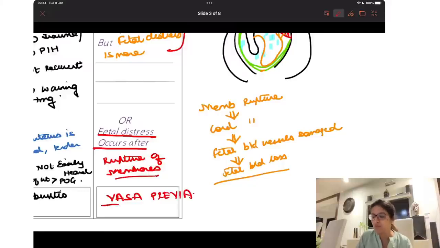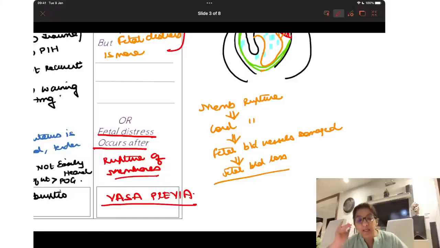Please remember this point, this is a very important point, that if bleeding is happening after the rupture of membranes, it means you are dealing with vasa previa and bleeding less होगी, fetal distress बहुत ज़्यादा होगा. In placenta previa बहुत ज़्यादा bleeding होगी तब fetal distress मिलेगा.